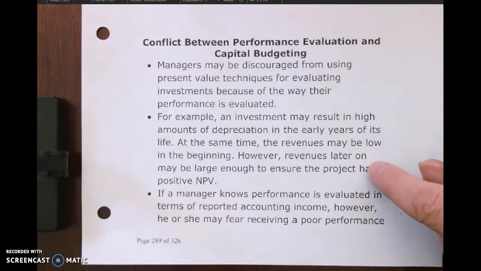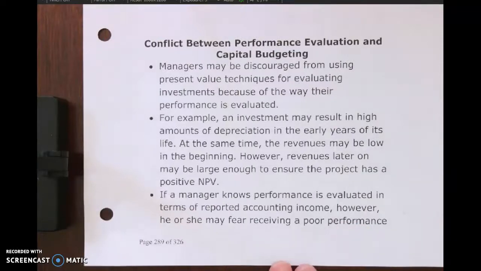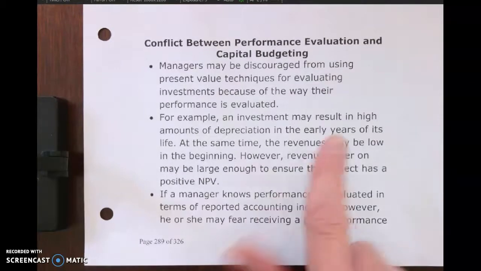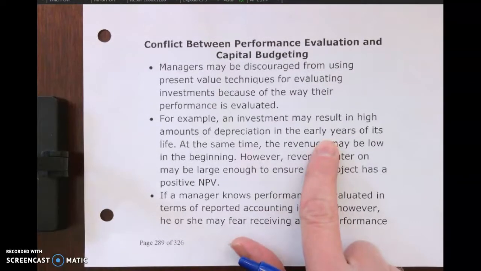But some cash inflows later on in the project may be high enough that it has a positive net present value. The problem, though, is that if you evaluate the manager based upon net income, they're not going to take the project because this project has low net income because of high depreciation and low revenues.